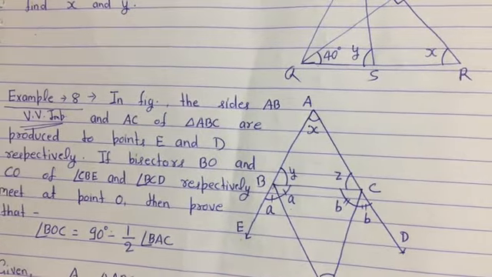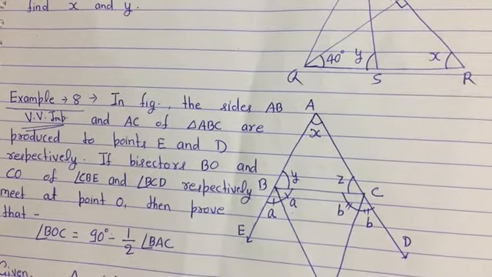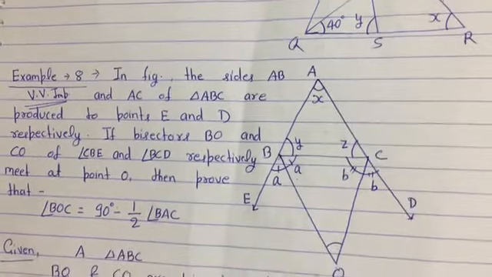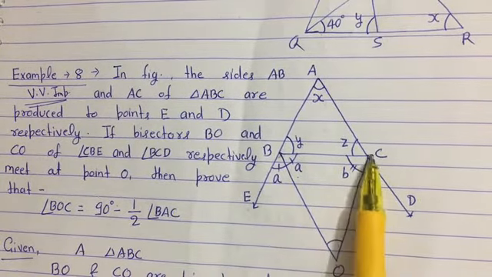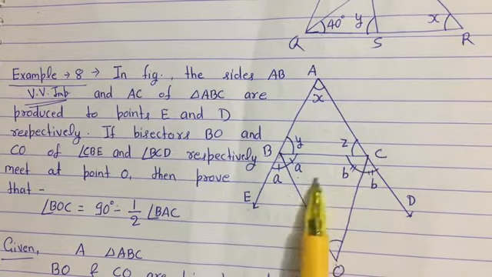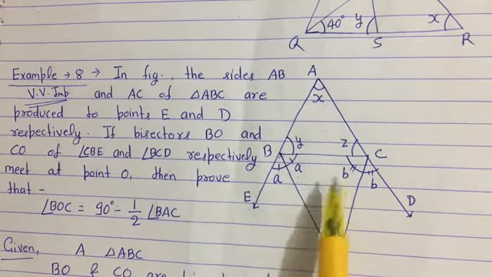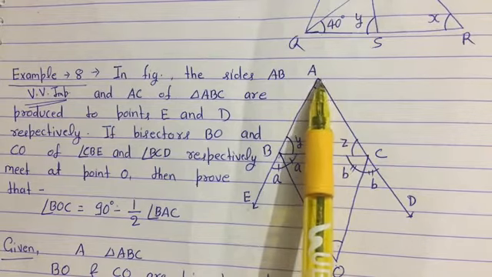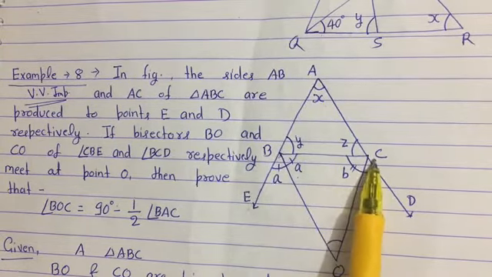Okay, now we can apply the angle sum property in two triangles. First, in triangle BOC, then we have a relation between angle BOC, a and b, and then we have to apply the angle sum property in triangle ABC.